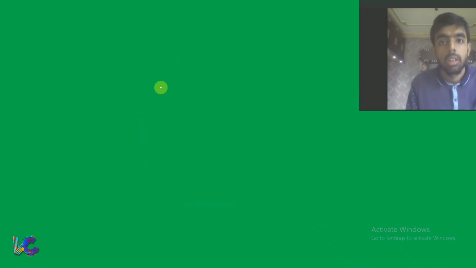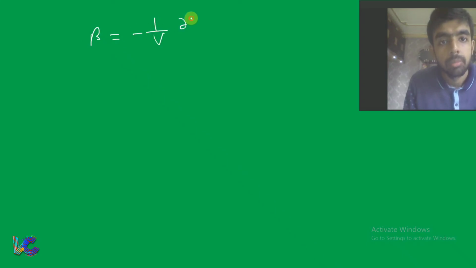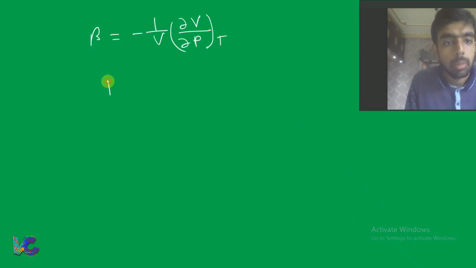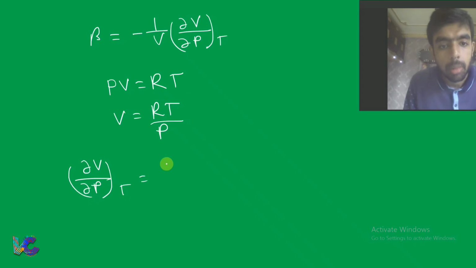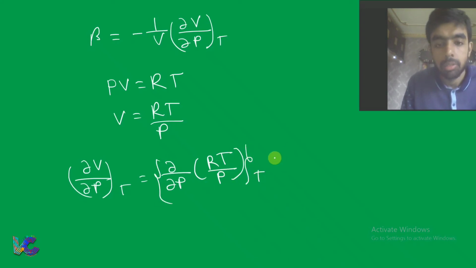Now if you want to calculate the value of beta for PV equal to RT for an ideal gas, then beta is equal to minus 1 by V del V by del P at constant T. You have the equation PV equal to RT, so V equal to RT by P. Now del V by del P at constant T is del P of RT by P. T is constant and R is the universal gas constant, so RT will be outside the derivative sign.